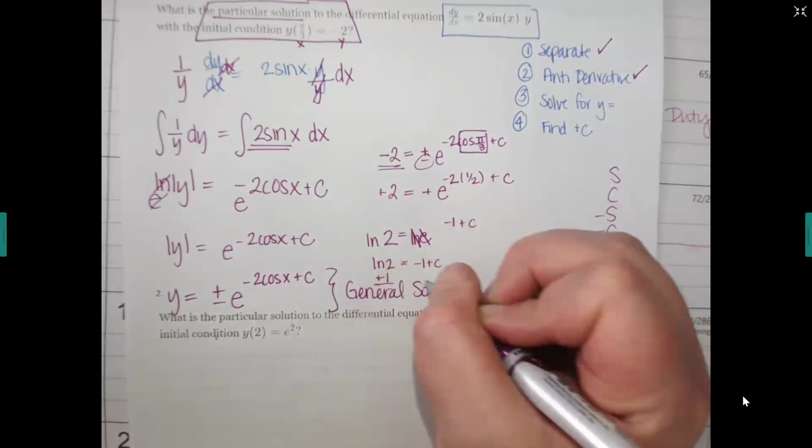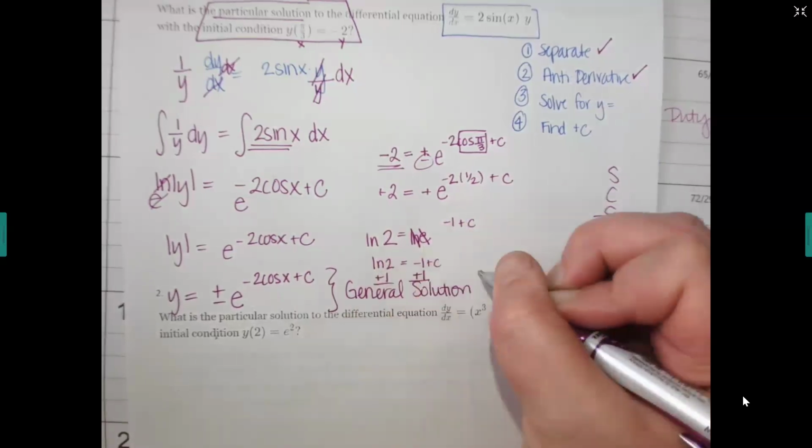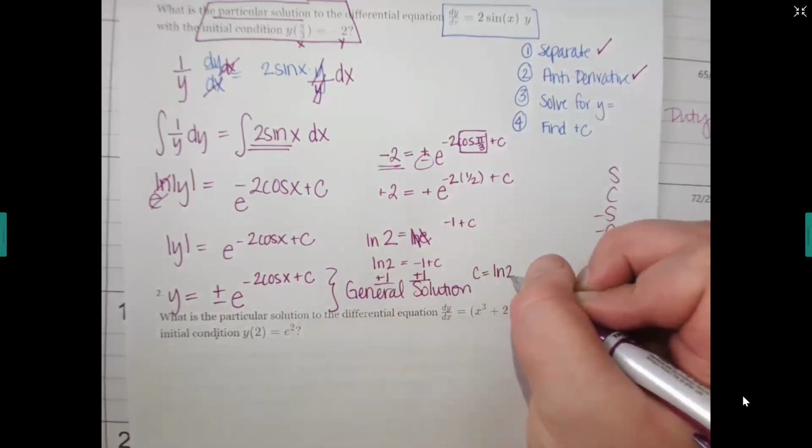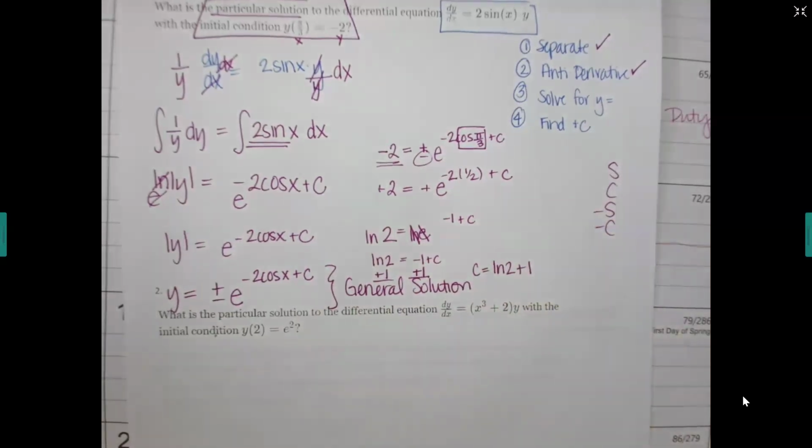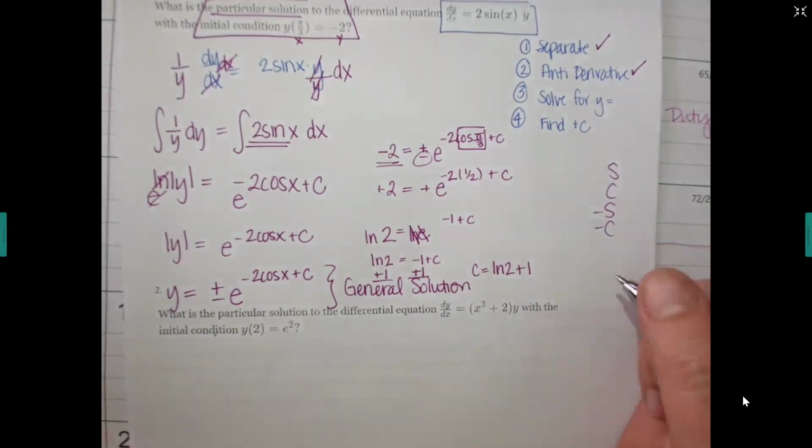Plus 1 on both sides, which means my c is the natural log of 2 plus 1. Remember, you're not done until you've taken that c and rewritten your particular solution with that number plugged in. So let's write that right here.